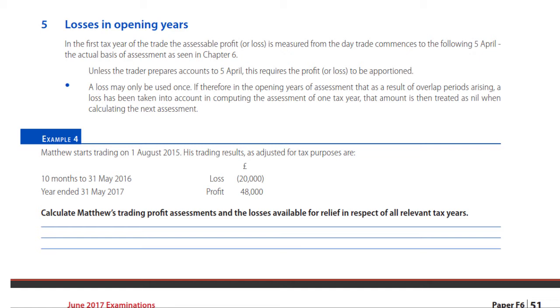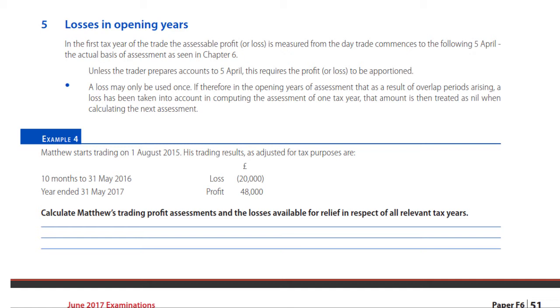We then attempt to get on to current year basis, our CYB, as soon as possible, but we can only use it from the tax year in which there is a full accounting year ended within that tax year. That may be as early as the second tax year, but it may be the third or even the fourth tax year before such a valid CYB is available to you.